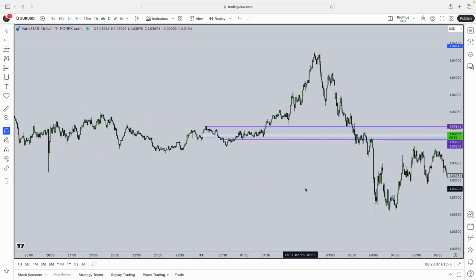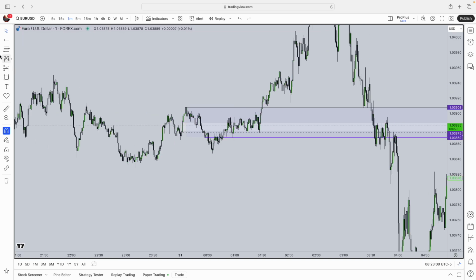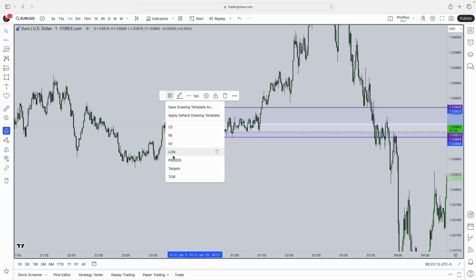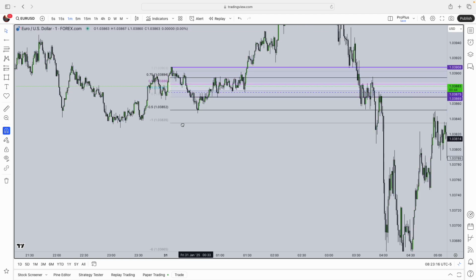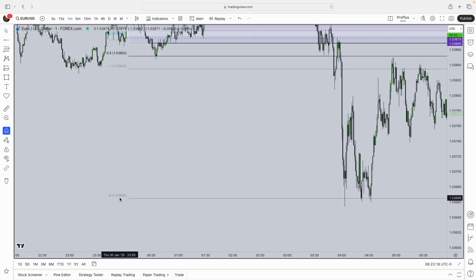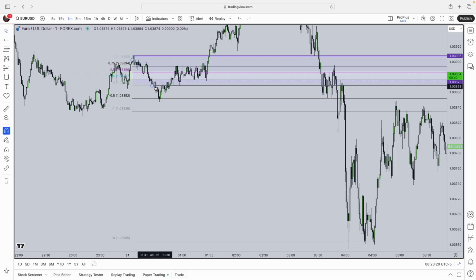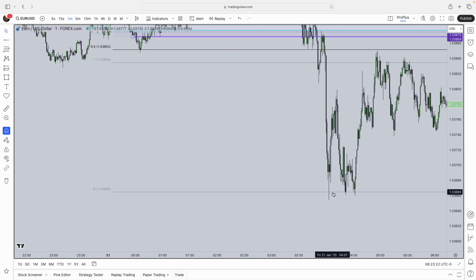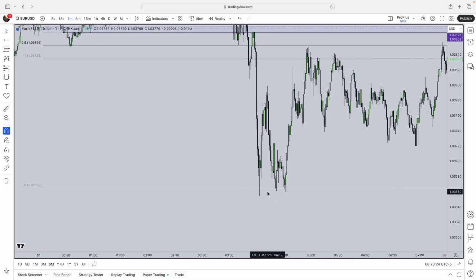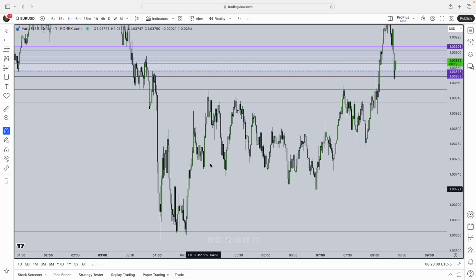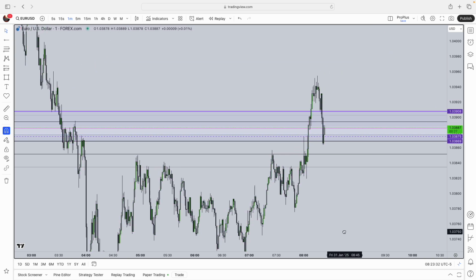I'm sure you guys have seen the ICT video, but I'm just going to draw there. From here to there, -6 standard deviations. That could potentially be the low of Friday. So it's ran into that there, accumulated here. Now it's trading inside the opening price.